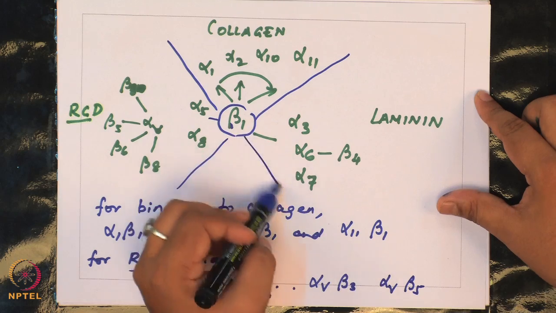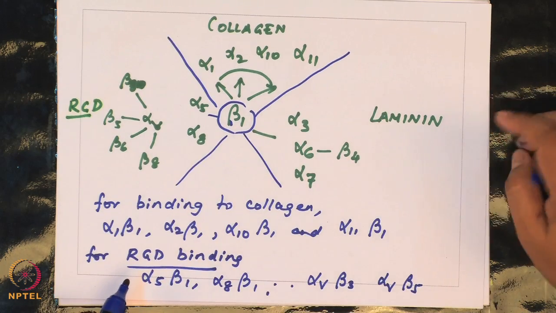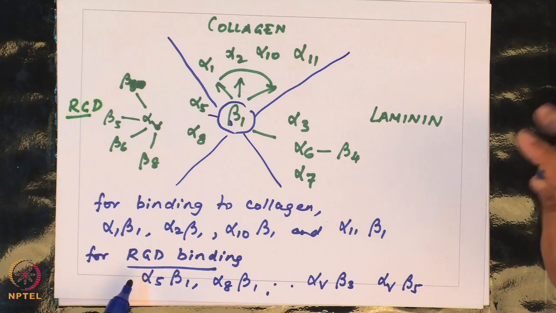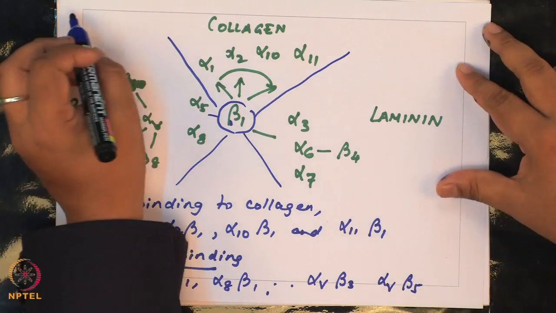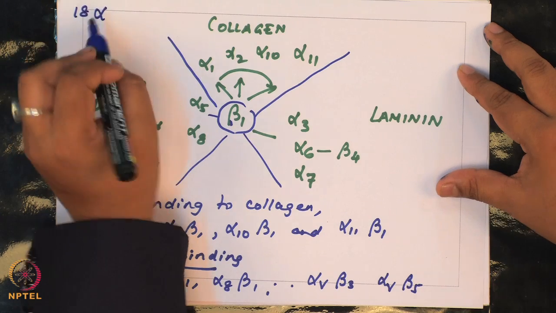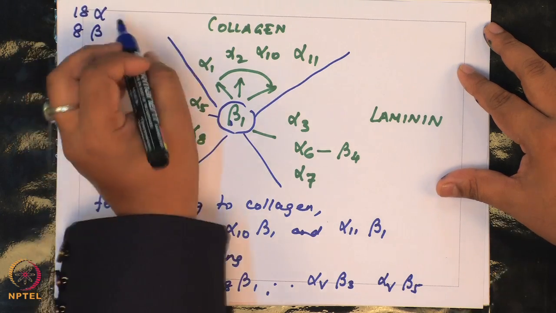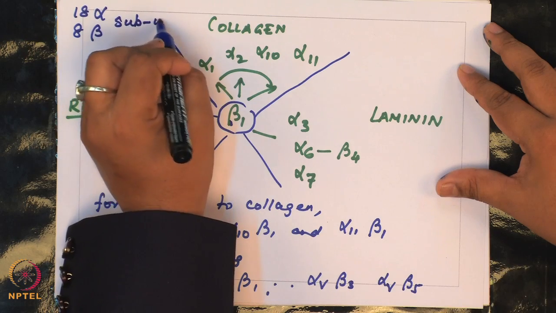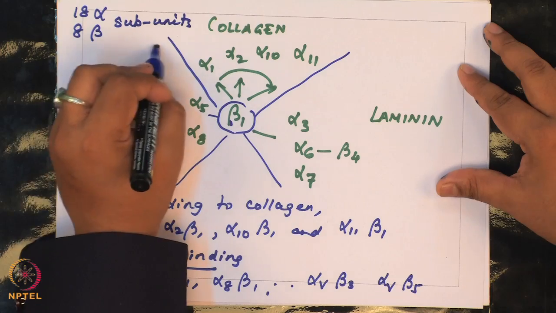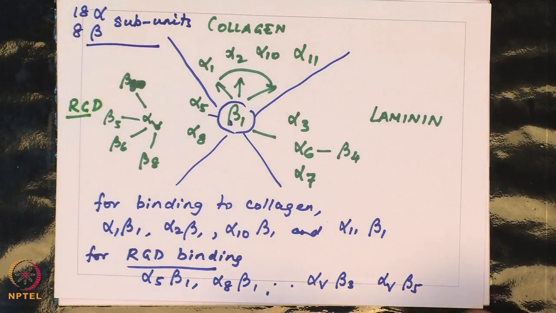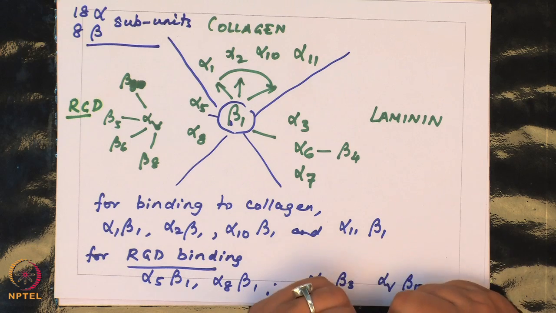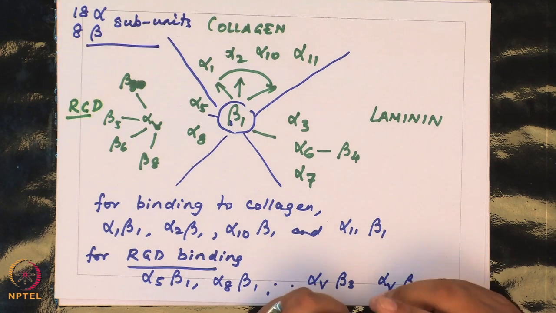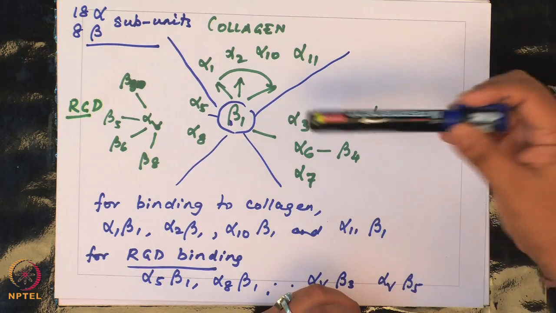Similarly, you can have various other combinations for binding to laminin. So, in total there are 18 alpha and 8 beta subunits. So, you have multiple different things, for example, in fibroblasts, in most cancer cells, alpha 2 beta 1, alpha 1 beta 1 are very common.